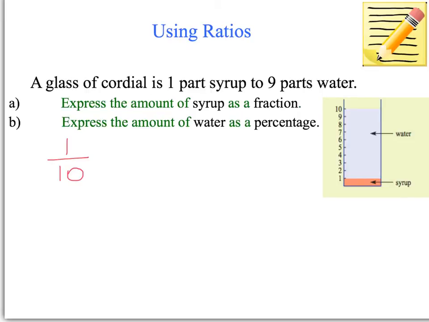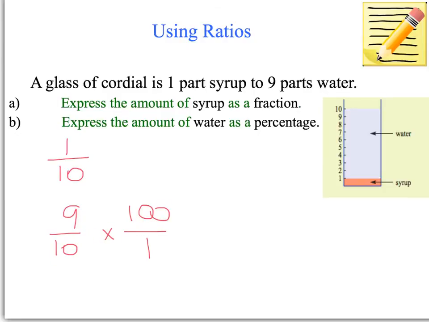Now if we wanted to write the water as a percentage, we just have to write the fraction first and then multiply it by 100 over 1. So it's 9/10. And again, this should be something that you already know how to work out, but I'm going to show you. So 9/10 times 100 over 1. And we can cancel these out, can't we?